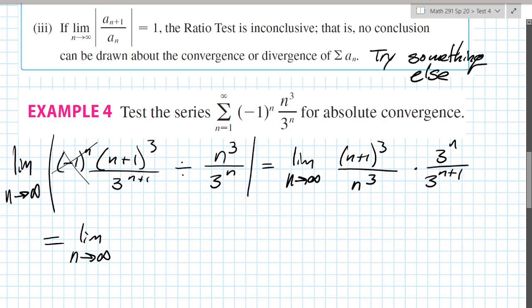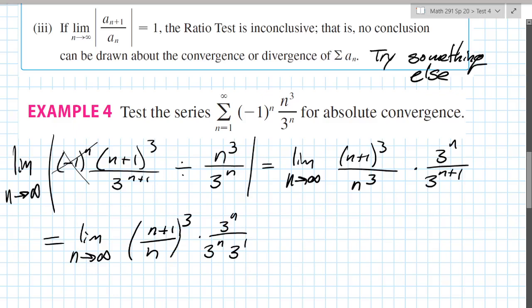And I can write the n plus 1 to the third over n to the third as all to the third power. So I've got n plus 1 over n to the third times 3 to the n over 3 to the n times 3 to the first.